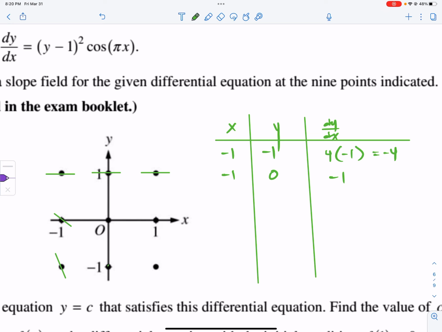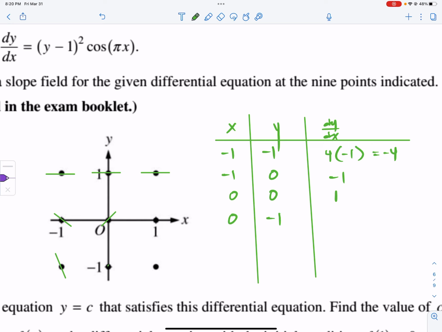Okay, and then how about 0, 0? So if y is 0, that's going to be 1 times cosine of 0, which is 1. So that's a slope of 1. When I graph that line segment, I'm aiming up towards 1, 1, and down towards -1, -1. And then 0, -1.